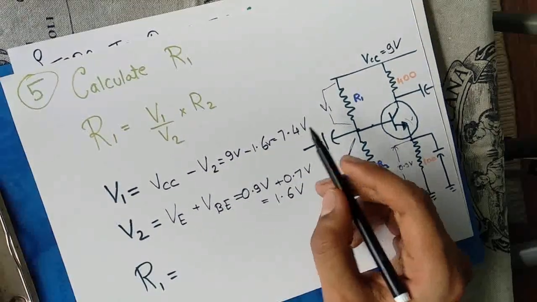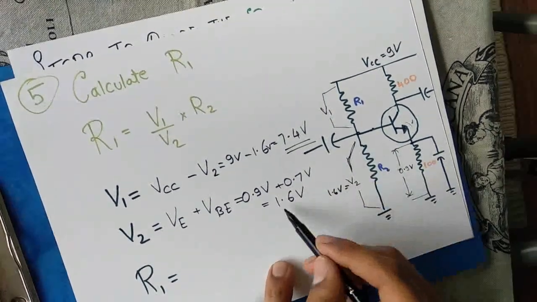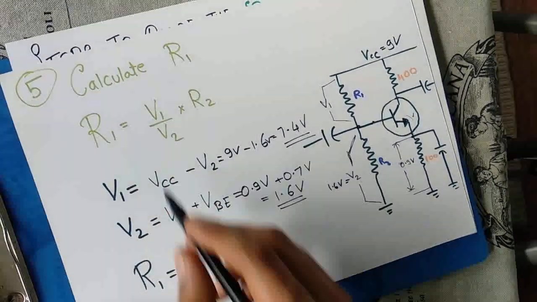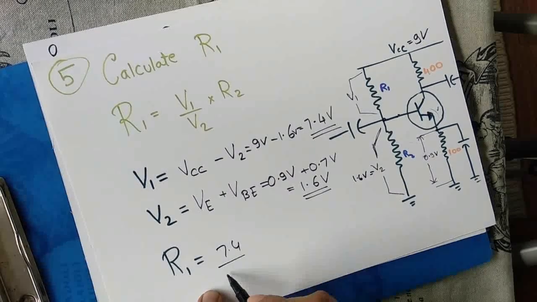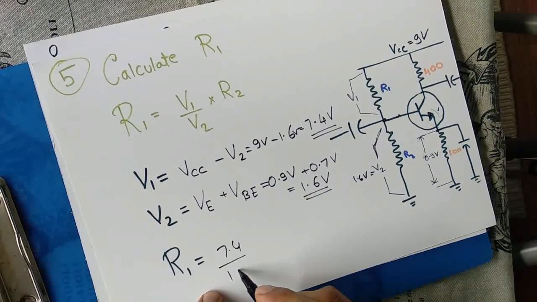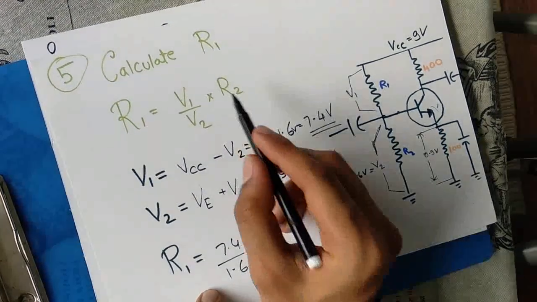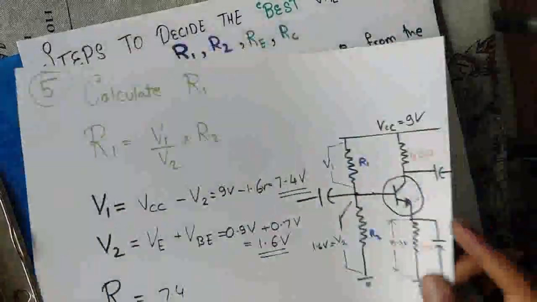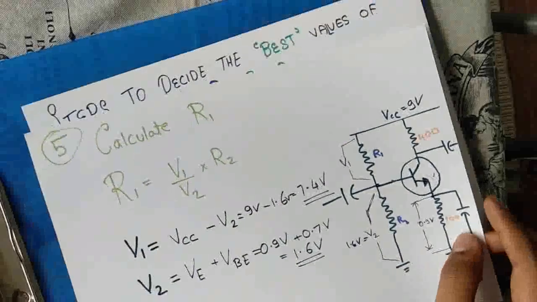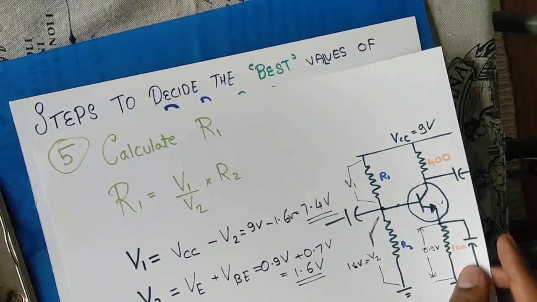So now we have V1, we have V2, and now we can calculate R1 simply by doing V1 by V2 times R2. The value of R2 was, where's the sheet? Hang on.